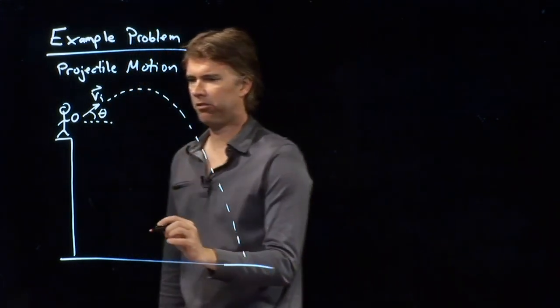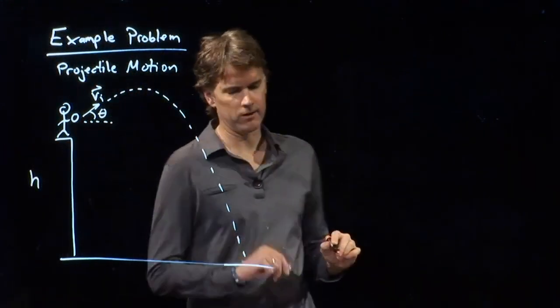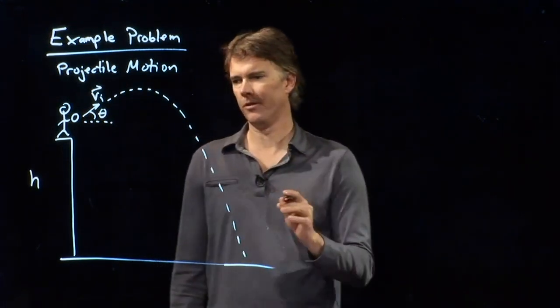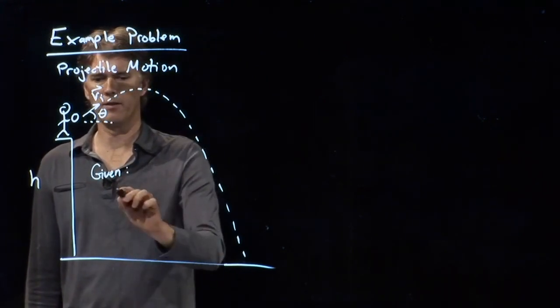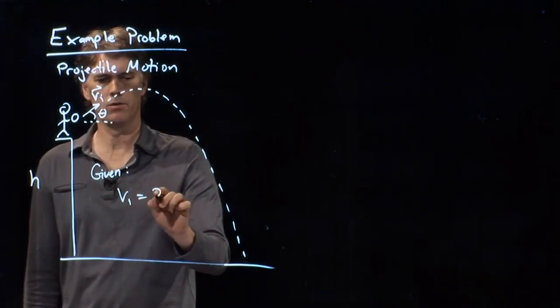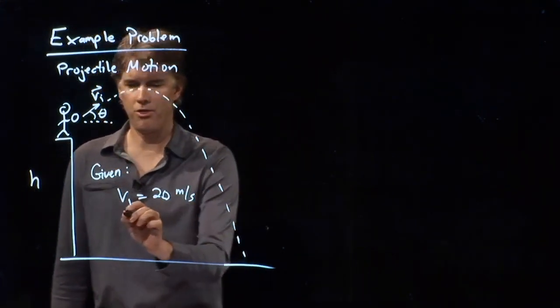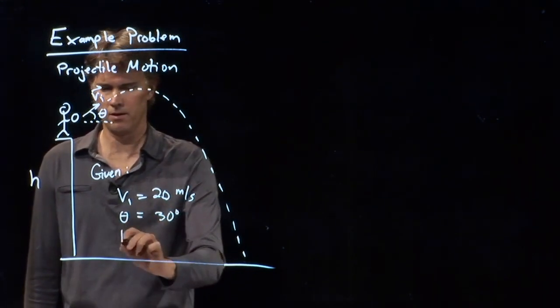And let's say that we are starting at height h, and we're ending, of course, at ground level. And let's give you a couple parameters here. We're going to say that the following is given. Vi equals 20 meters per second. Theta equals 30 degrees.